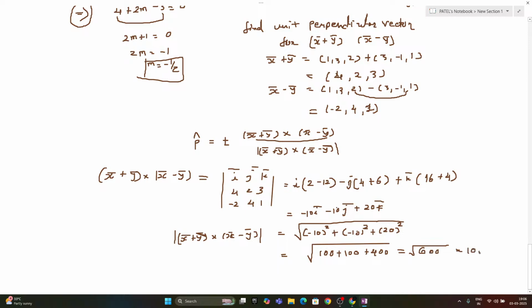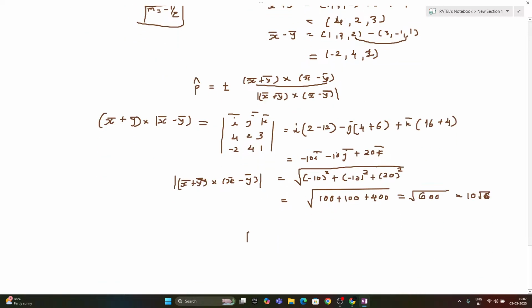So 10 root 6. So put into the formula, p hat equals plus or minus the cross product, which is minus 10 comma minus 10 comma 20 upon 10 root 6. If you simplify more, then you can take the 10 common and solve.